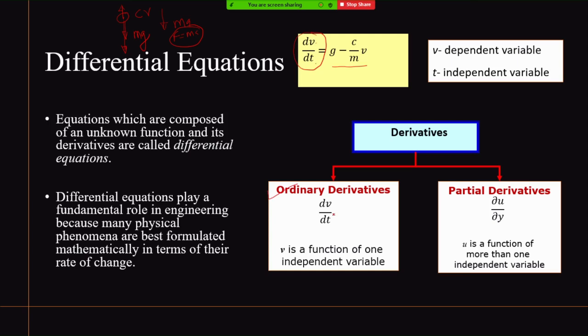Take a simple example: I have a plate and I am going to heat it. Maybe here it is 200 degrees, here it is 100 degrees, here again 200, and again 100. I want to determine the temperature at this point. This plate has an x direction as well as a y direction.